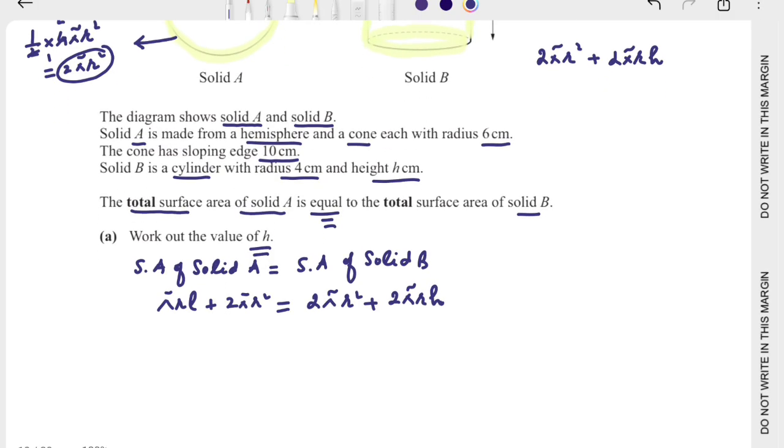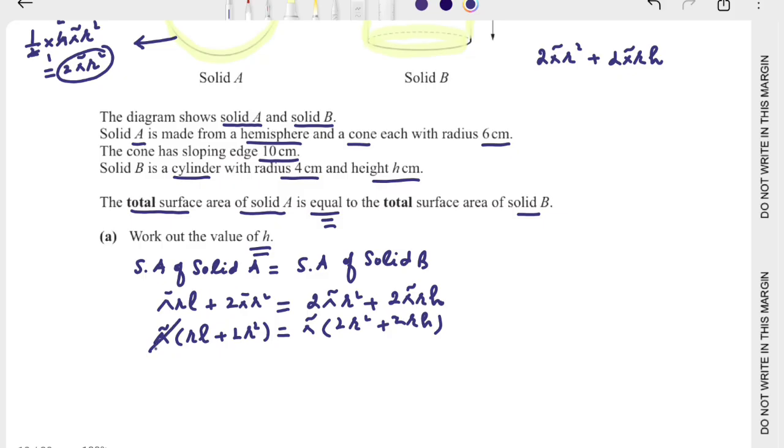Now take out value of pi as common. Here would be RL plus 2r square is equal to pi 2r square plus 2RH.